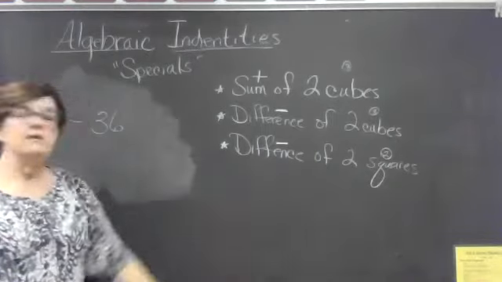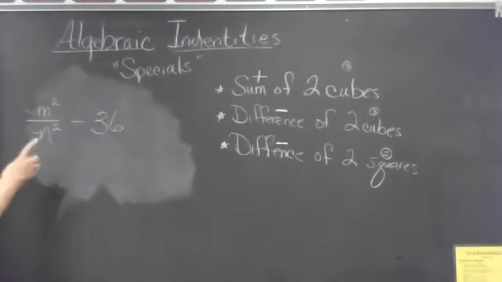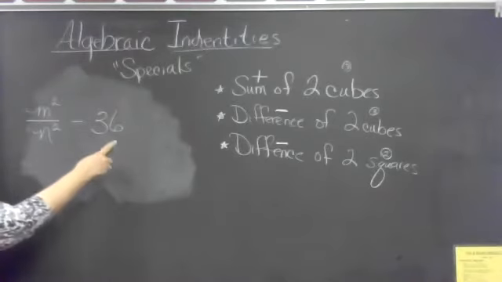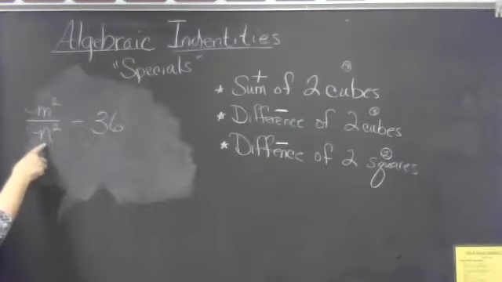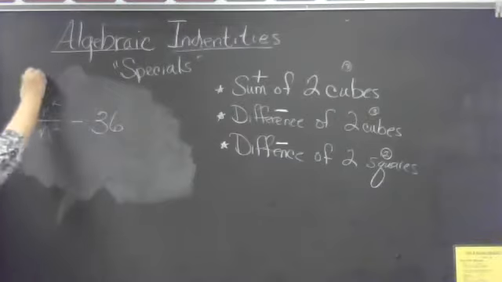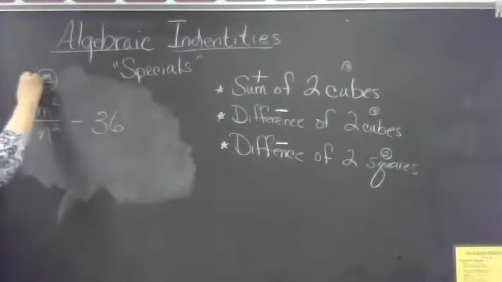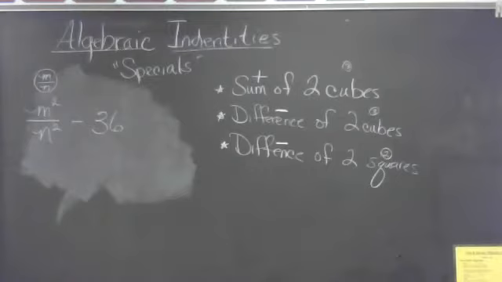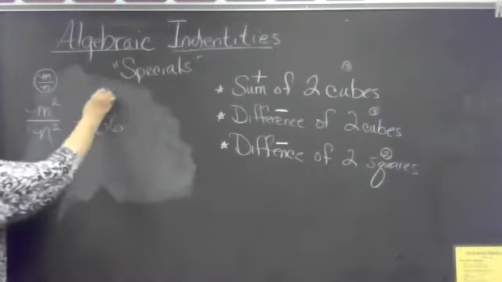Now, the last thing I need to check before I know for sure is if I can get the square root of the first term and the square root of the second term. This one is the one that might be scary, but it's really not. The square root of m squared is m. The square root of n squared is n. So this is the square root of that fraction. That easy. You see? Yes. And the square root of 36 is 6.